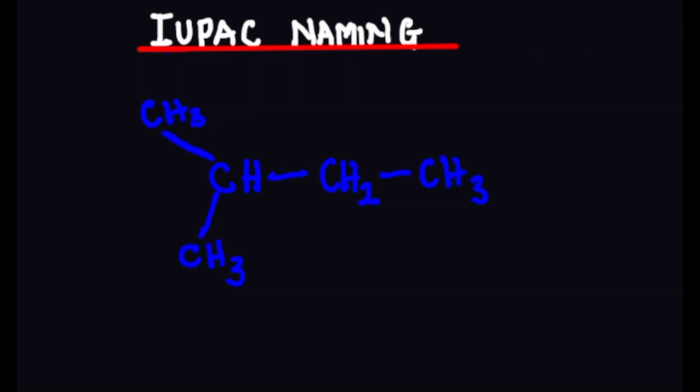Now let's look at this question that we have here, right? If you look at this, we don't have any double bond, we don't have any triple bond. Everything is a single bond. Then we just have to check the highest number of carbon atoms, that is basically the longest carbon chain. So counting from this side 1, 2, 3, 4, or counting from this side 1, 2, 3, 4, it shows us at position 3 we are having a methyl group, right?